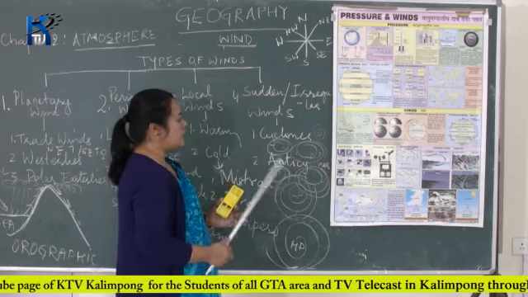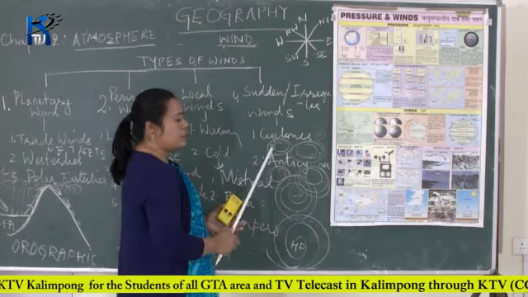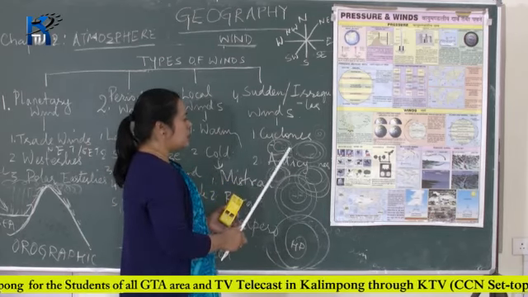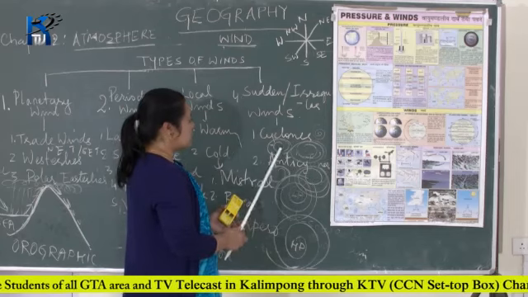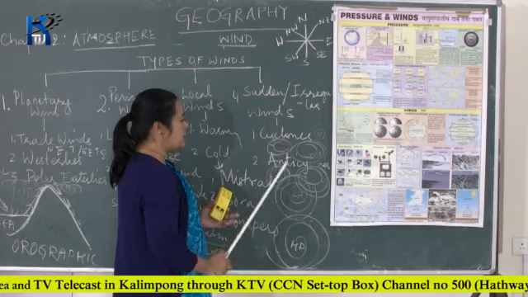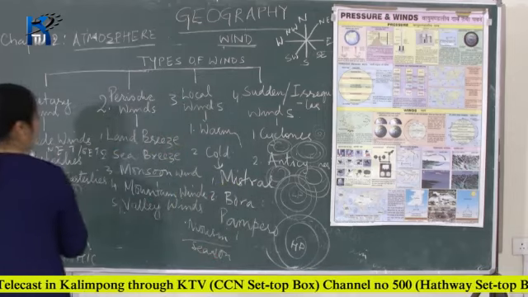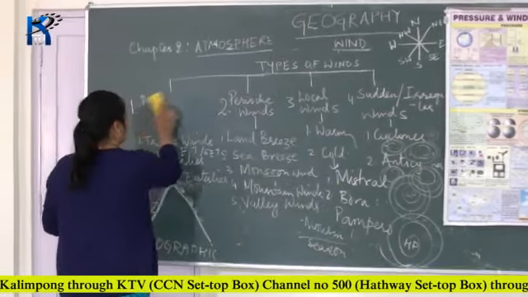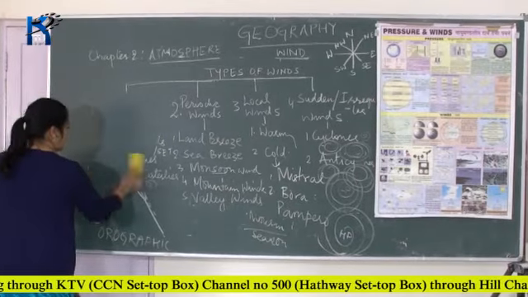Alphabetically, the names are given to cyclones from A, B, C, D, and this Fani is from F. So there is a difference between cyclone and anticyclone that I can show you with the help of a column.